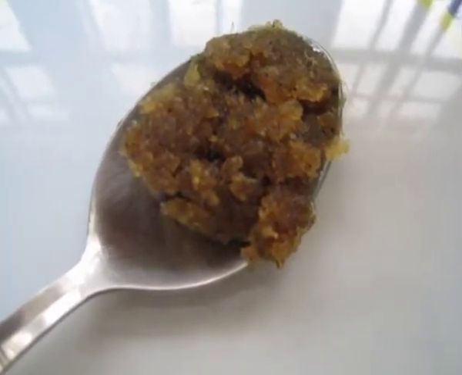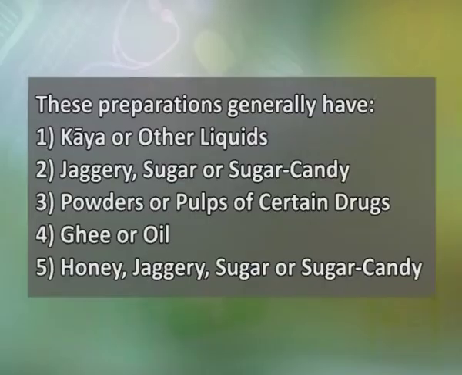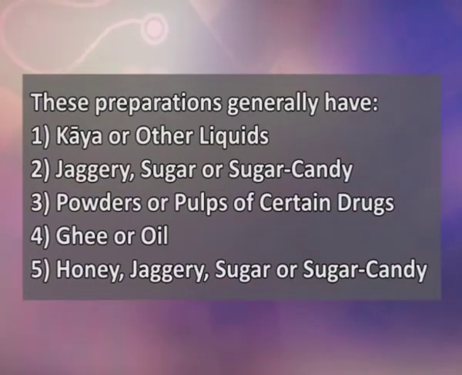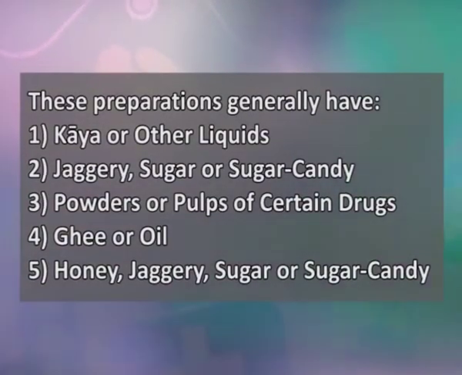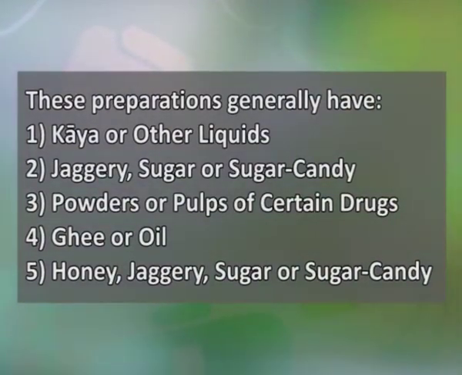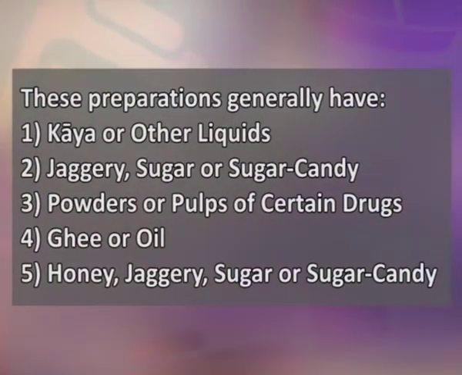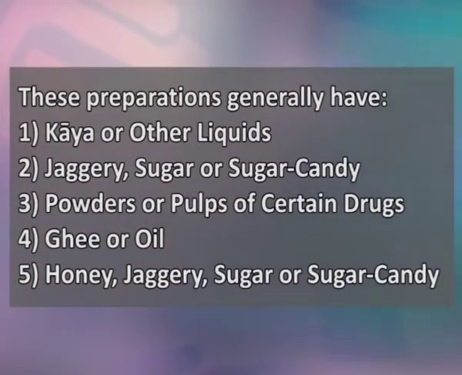These preparations generally have kwatha or other liquids, jaggery, sugar or sugar candy, powders or pulp of certain drugs, ghee or oil, and honey. Jaggery, sugar or sugar candy is dissolved in the liquid and strained to remove the foreign particles.